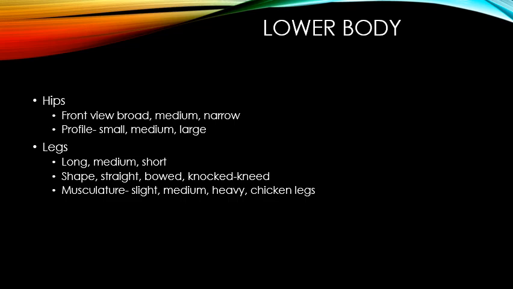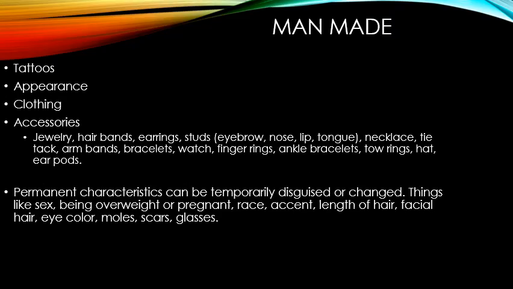So things on a person that are man-made. Tattoos, other things that change your appearance. Piercings through the cheeks, gauges in the ears, etc. Weird ways they cut their hair.